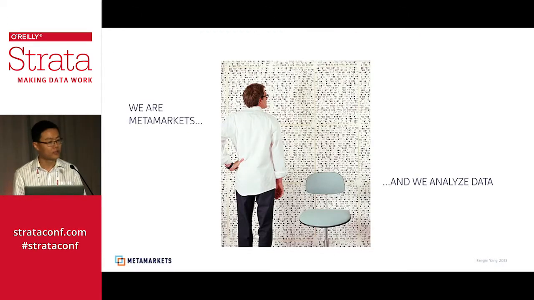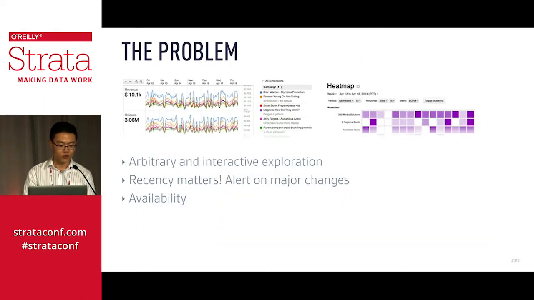At Metamarkets, we specialize in dealing with event-based data, and we are a data analytics company primarily focused on the online advertising space. The product we deliver to customers is an interactive dashboard where you can arbitrarily and interactively explore your data. You can click around and get an idea of different trends in your data.